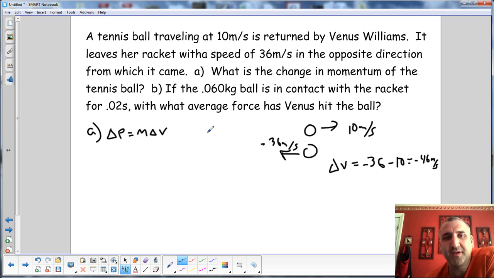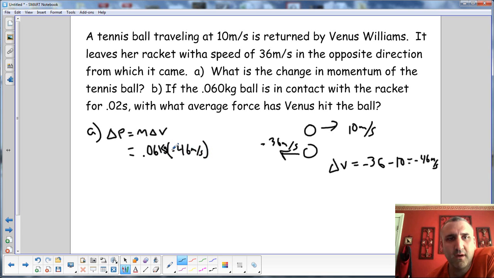We know the mass of this thing is 0.06 kilograms, and the change in velocity is negative 46 meters per second. 0.06 times negative 46 means the change in momentum is negative 2.76 kilogram meters per second.